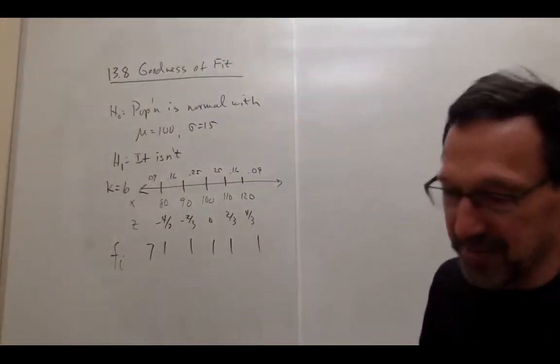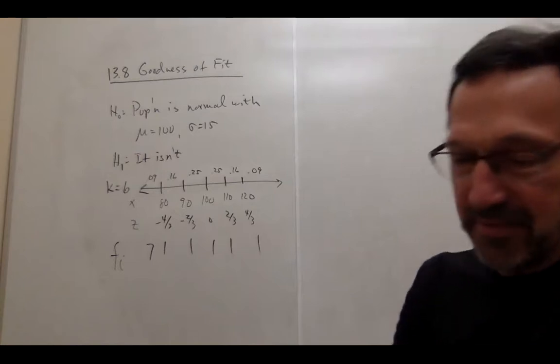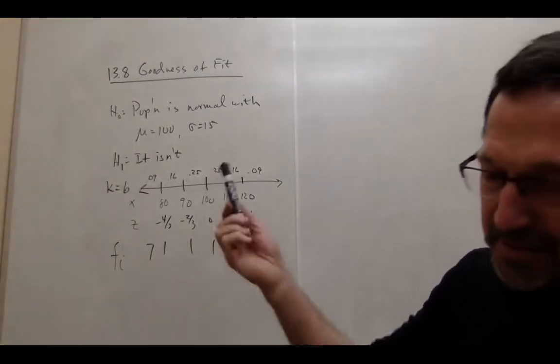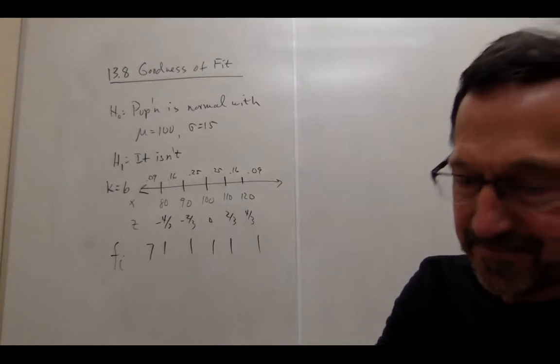If the hypothesis was that the population was, say, exponential, then we'd have to calculate the probability for each of our segments. Not that we couldn't do that, but we'll take advantage of symmetry when we can.